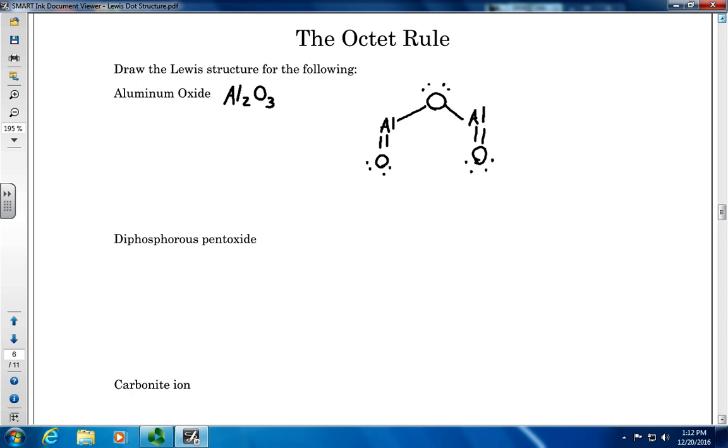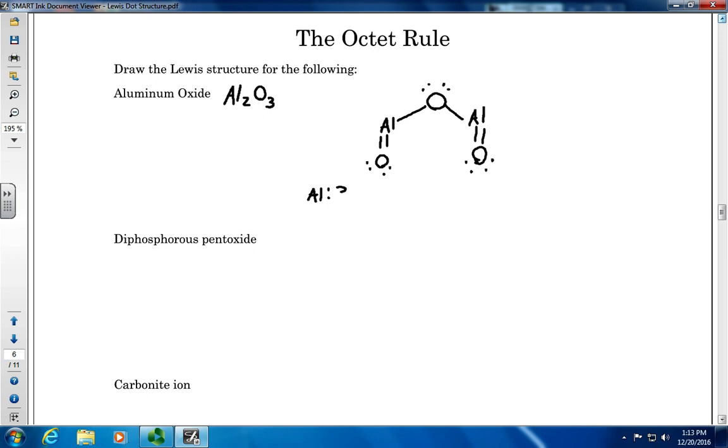So to calculate the formal charge on this, to make sure that we've got the most stable conformation, let's start with aluminum.